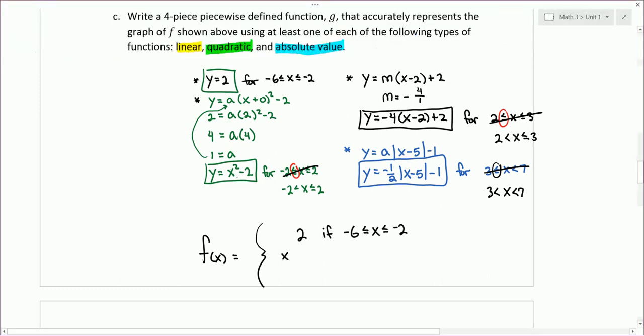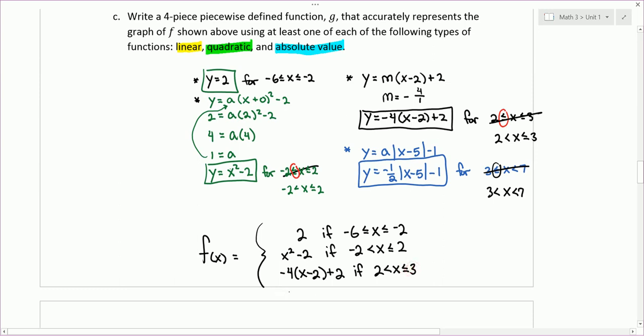So the next one, y equals x squared minus 2, so I'm going to just write x squared minus 2, and that's if -2 is less than x, which is less than or equal to 2. The third piece, y is -4 times x minus 2 plus 2 if 2 is less than x, which is less than or equal to 3.